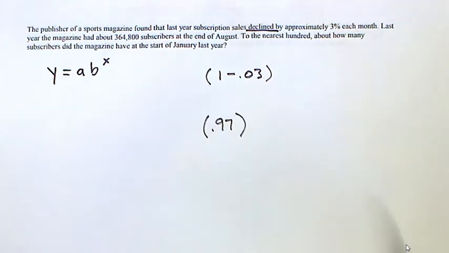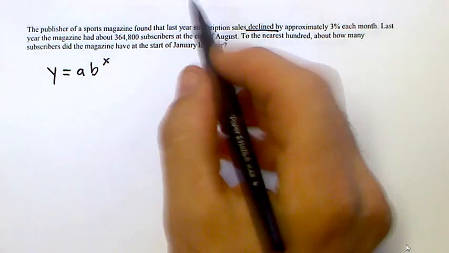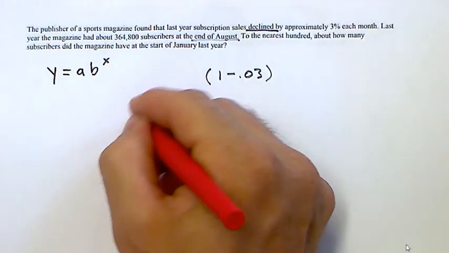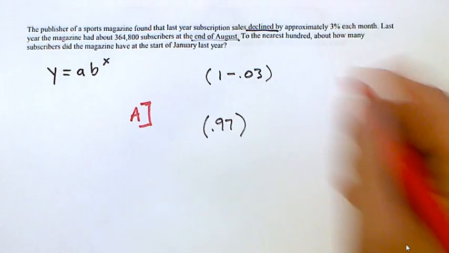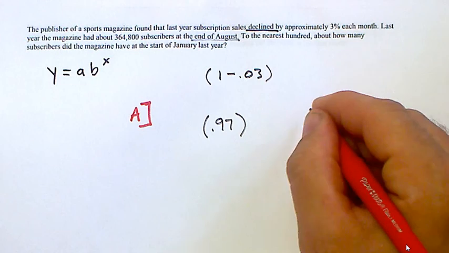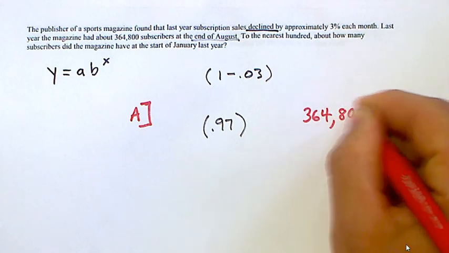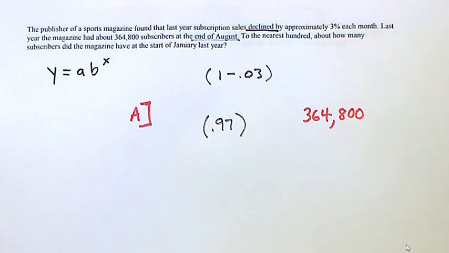Now last year's magazine had about, at the end of August, so they're talking about the end here, right? End of August, where they had an amount of about 364,000. And to the nearest, about how many subscribers did the magazine have at the start of January last year?